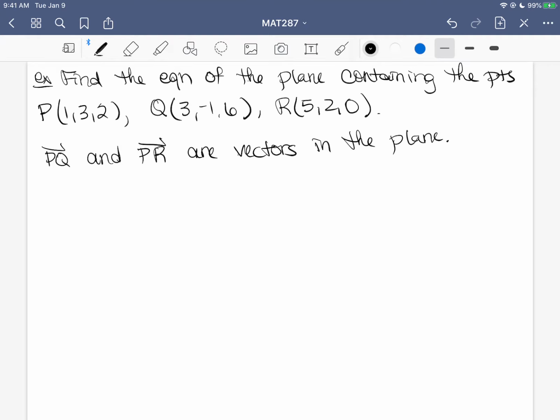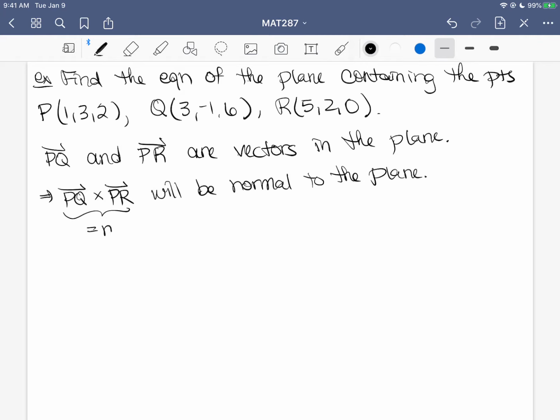And in particular, it's going to be normal to my plane. So PQ crossed with PR will be normal to the plane. So let's call this n.